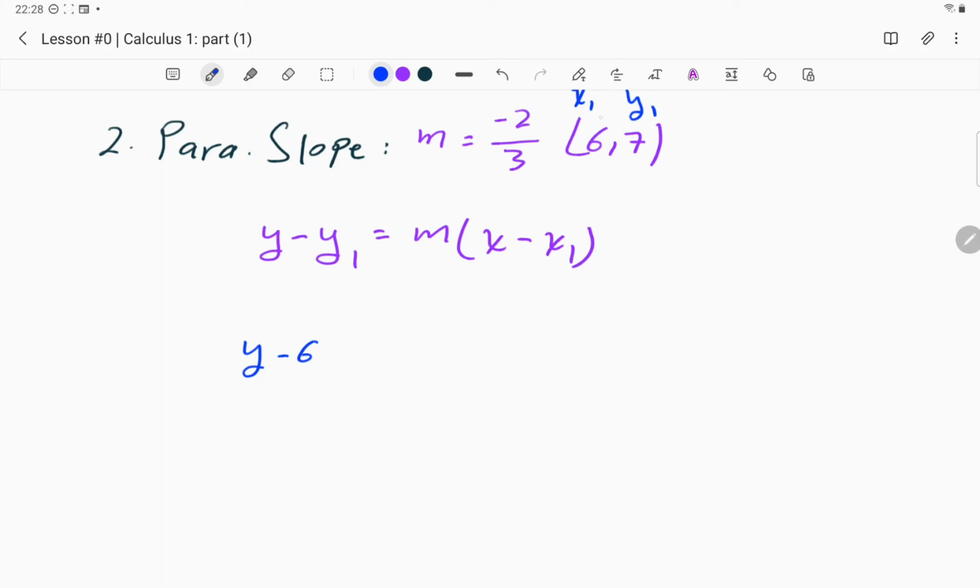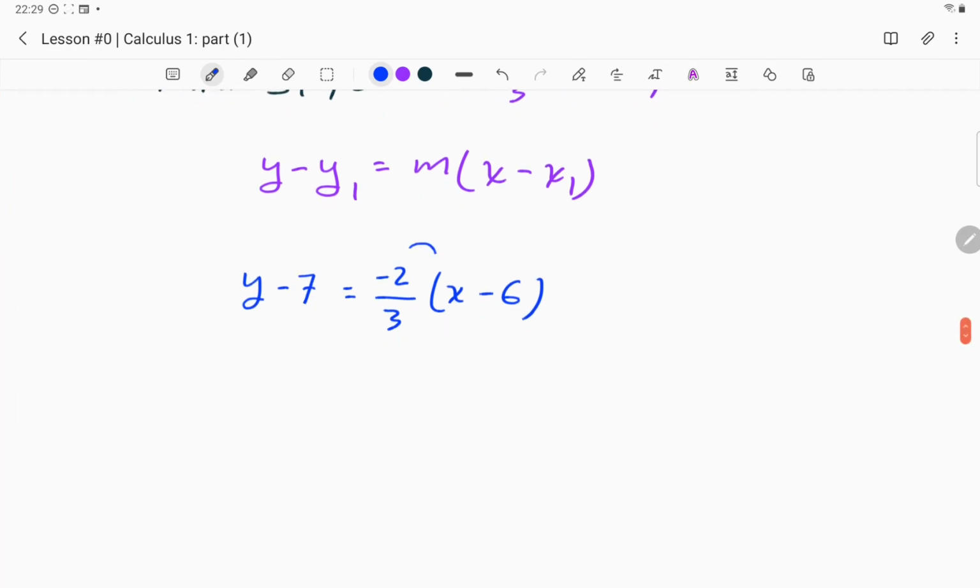So y minus 7 equals, what's m? Negative 2 over 3, then x minus x1, which is 6. And then you just distribute to simplify. So y minus 7 remains the same, and then negative 2 over 3x.